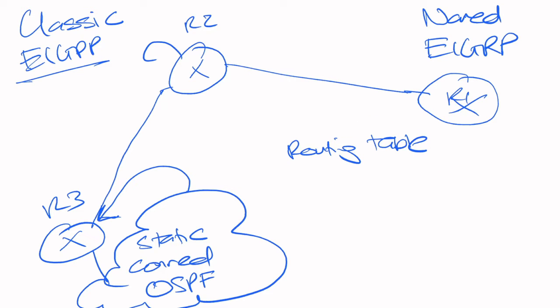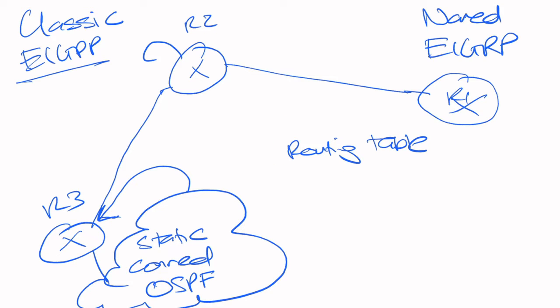However, when we put in EIGRP named mode, we verified that the neighborship was up. We saw that the redistributed information was in the EIGRP topology. However, it was not in the routing table. It was not in the RIB.